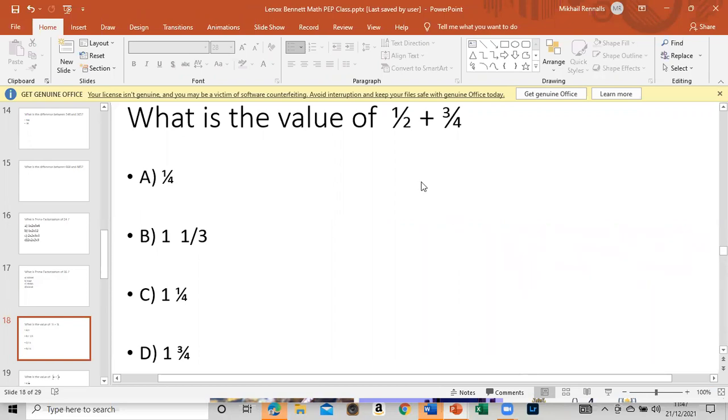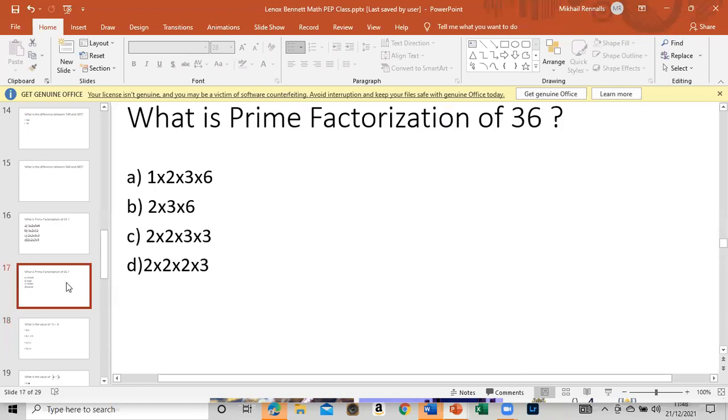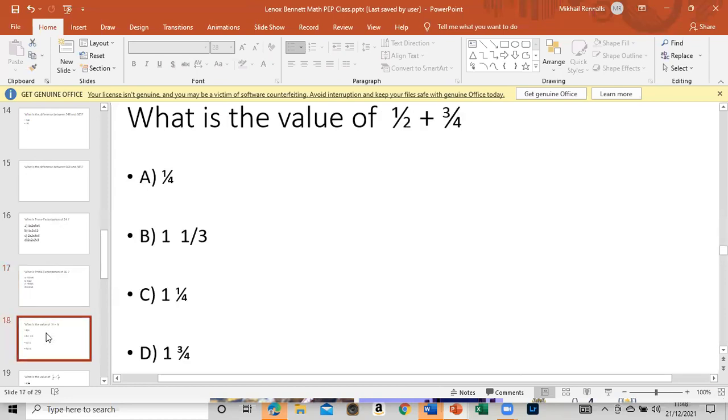No, sir. It says I'm sharing screen. I'm going to go back to the previous slide. You seeing that now? Yes, sir.